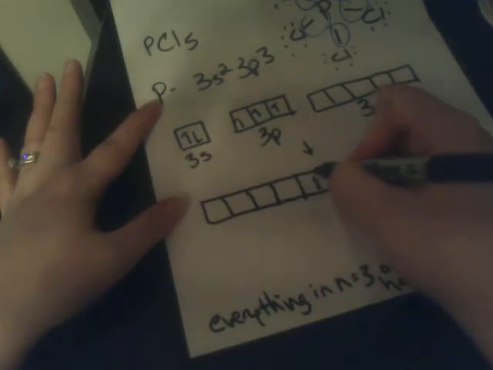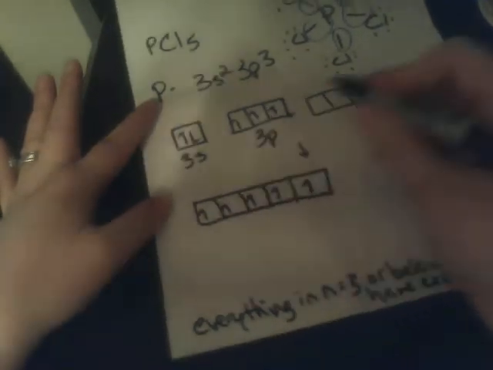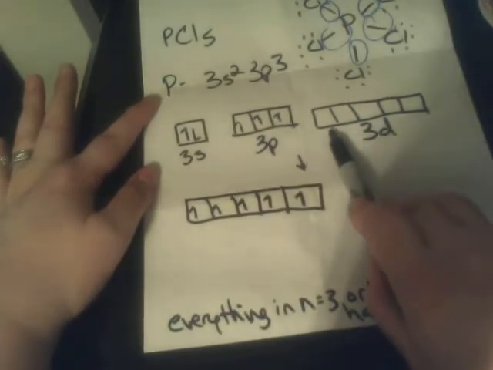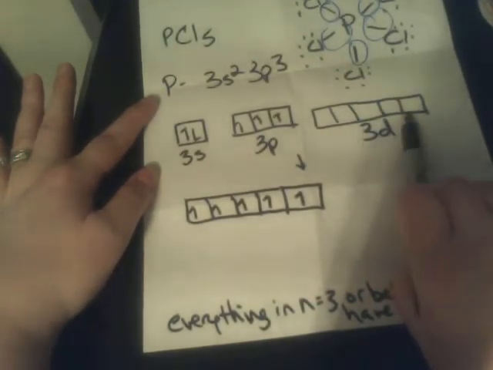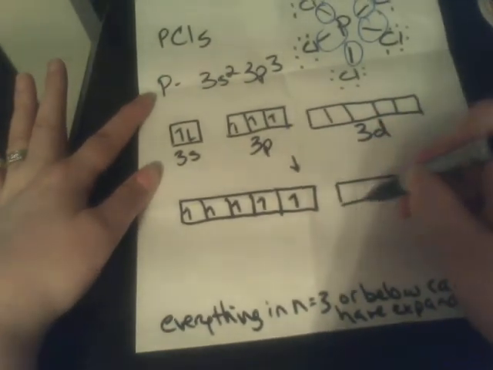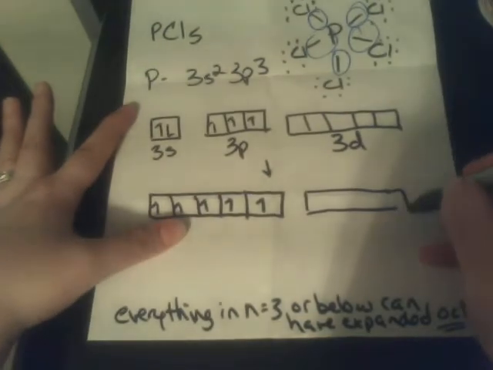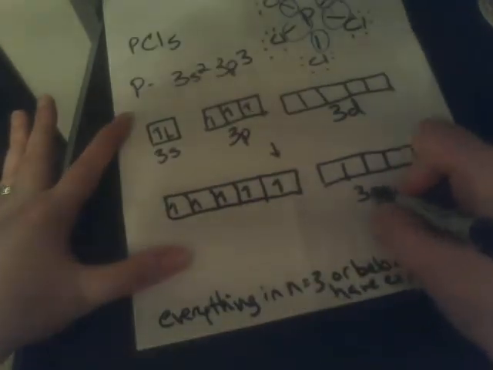Okay? So I used this one. What about these? 1, 2, 3, 4. The 4 of the 3Ds. I didn't use them. So they actually just are empty. So these are my unhybridized 3D orbitals.